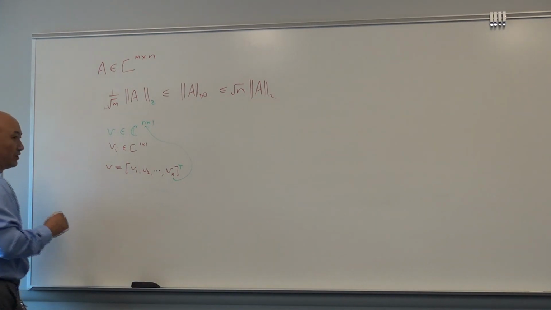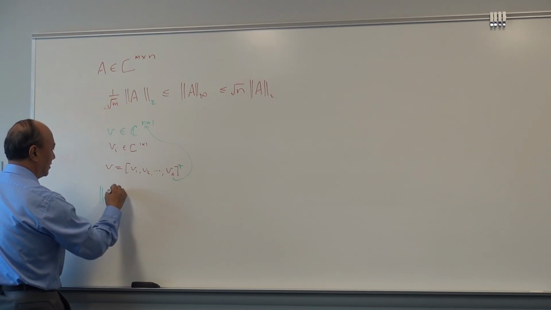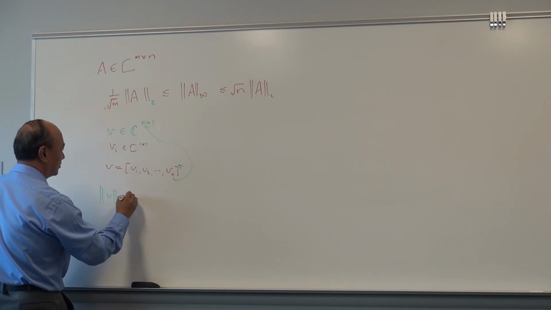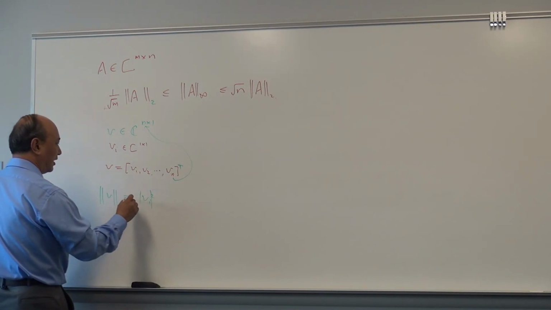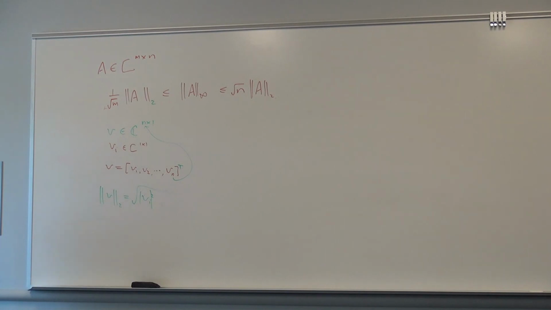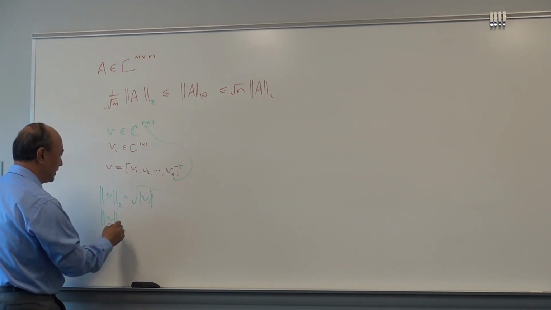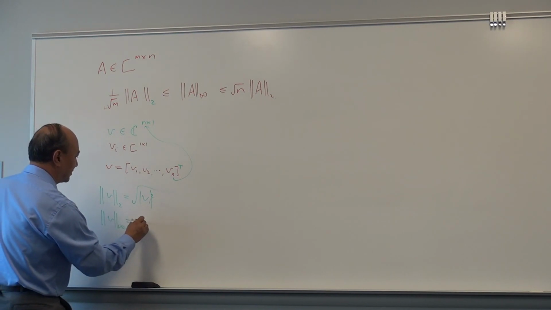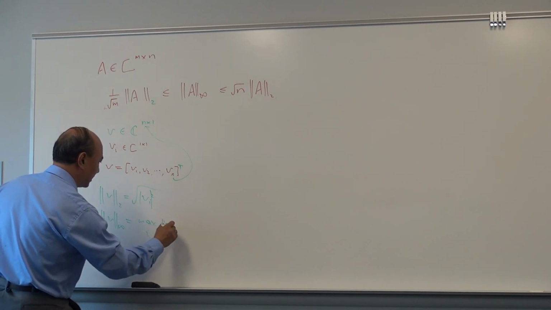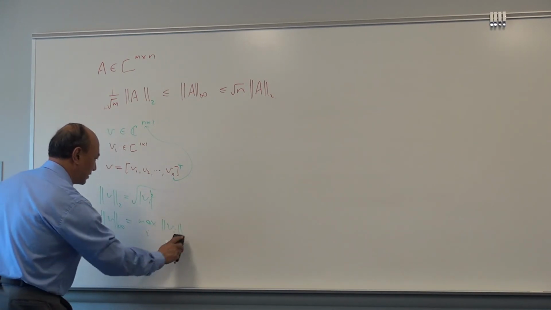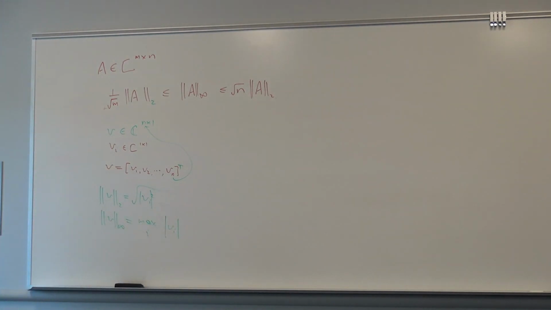What I'm trying to show you is, what is the 2-norm? The 2-norm is the sum of the absolute values of v_i squared, and then you take the square root. What is the infinity norm? The infinity norm is the max over i of the absolute value of v_i.